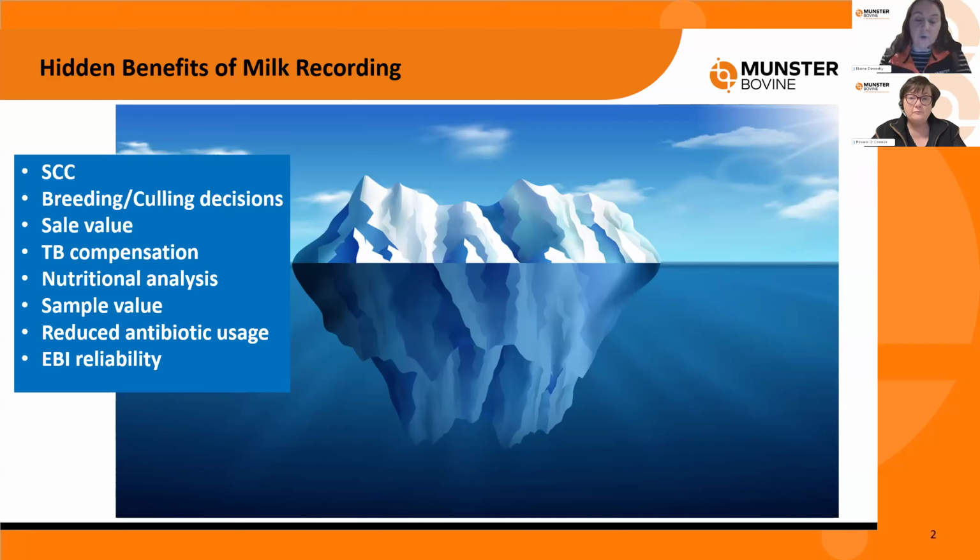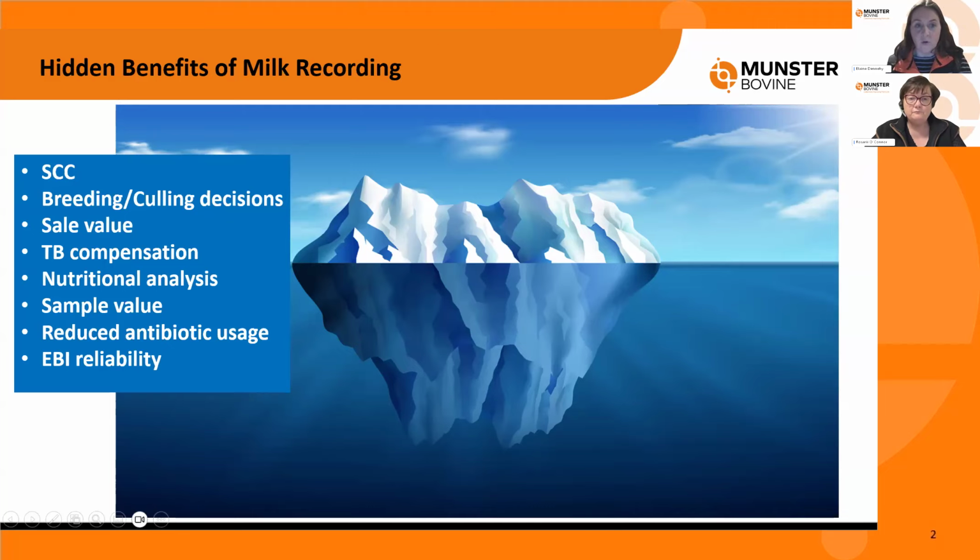The first, I suppose, most obvious benefit of milk recording is for somatic cell count management. So be that identifying those high SCC cows at your milk recording and maybe giving those some extra attention. Do they need treatment? Or maybe managing your bulk tank SCC at the time.